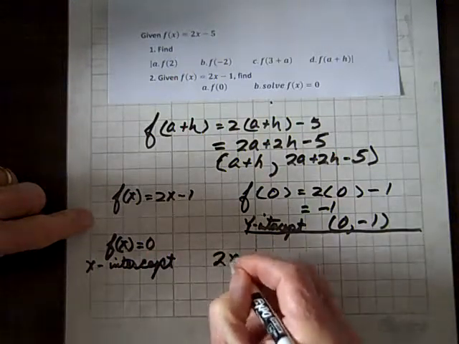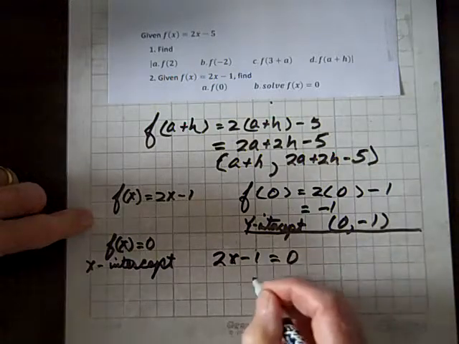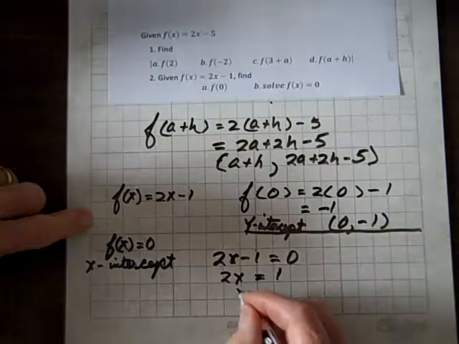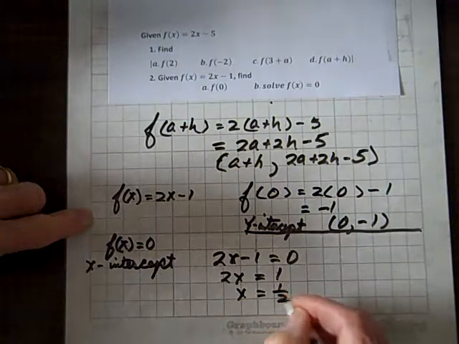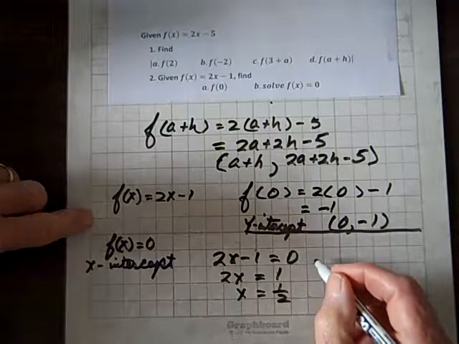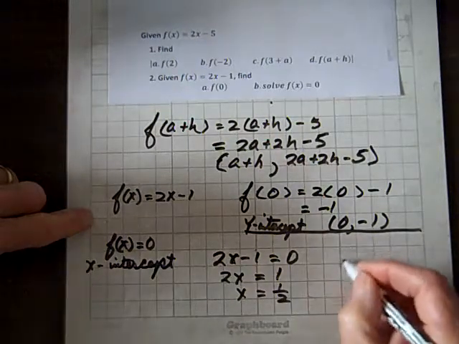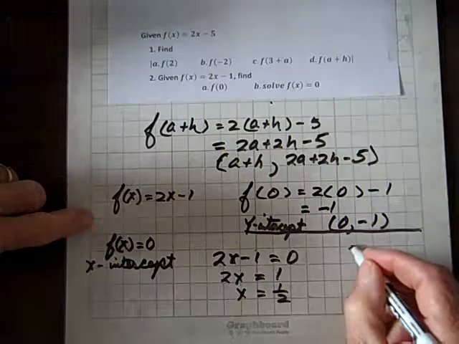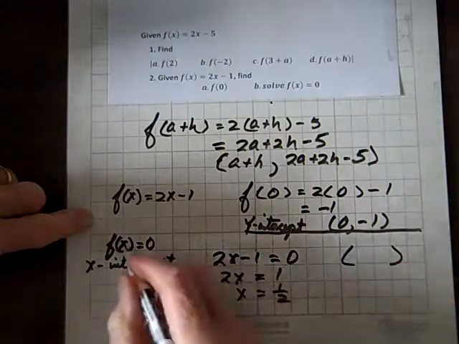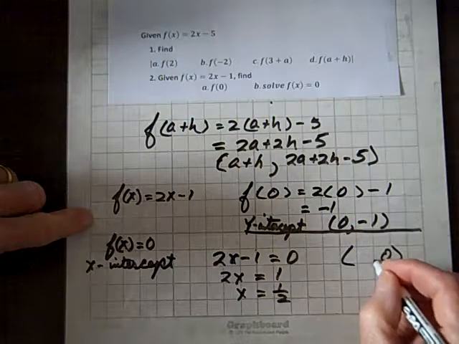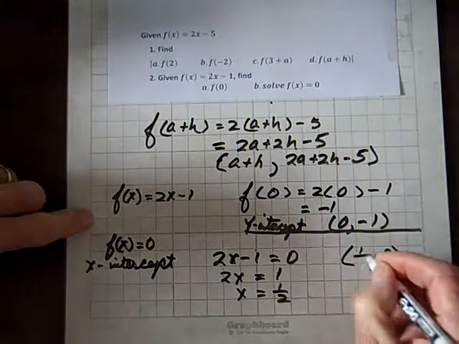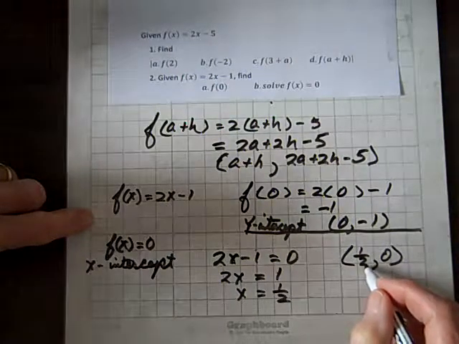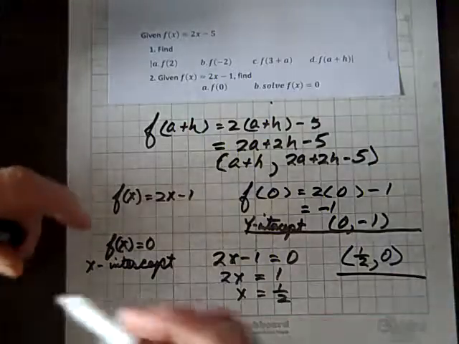So that means 2x minus 1 equals 0. So 2x, adding 1 to both sides, now dividing by 2, we get x equals 1/2. So now our ordered pair is going to be, see, f of x equals 0, that means y equals 0, and the value of x that takes that to 0 is 1/2. So 1/2, 0, that's our x-intercept. And we're done.